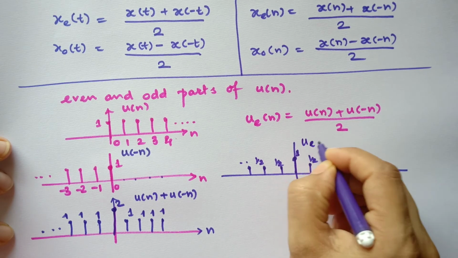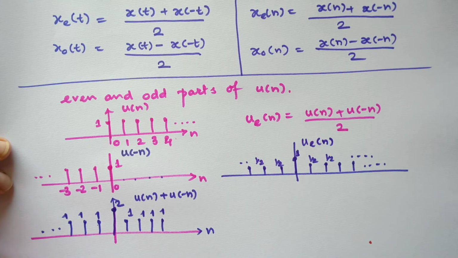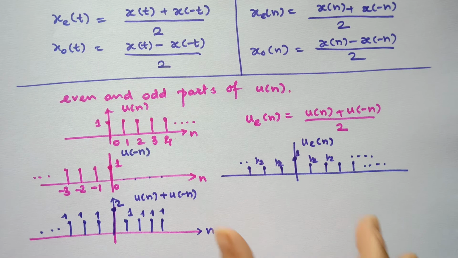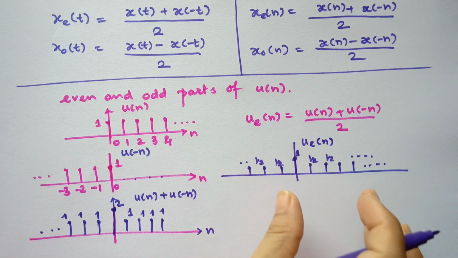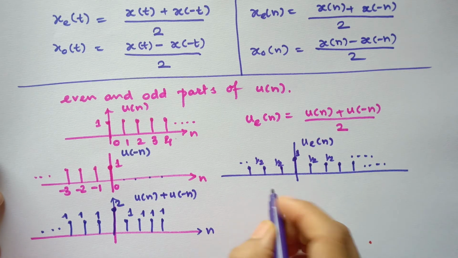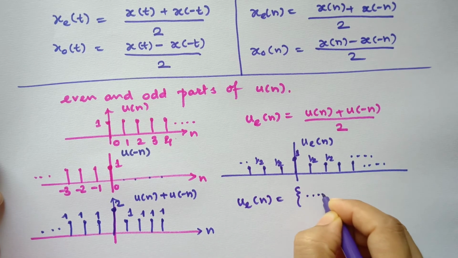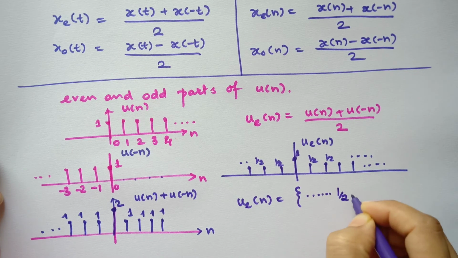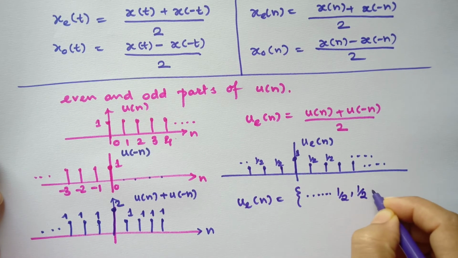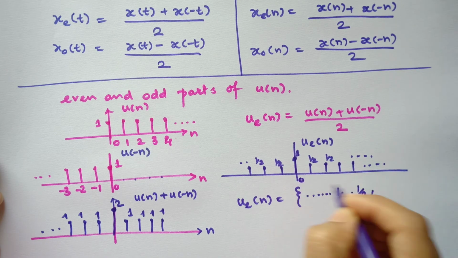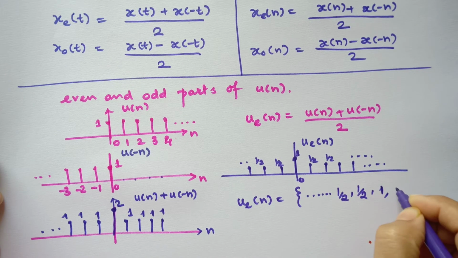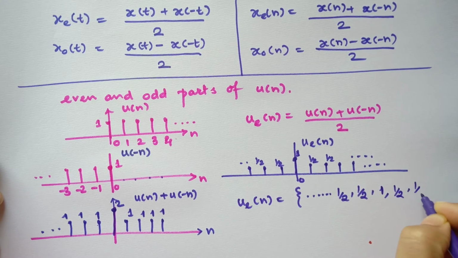So this is u even of n, and you can observe that this signal looks like an even signal. You can write u even of n as a series of halves, at 0 it is 1, and again a series of halves.